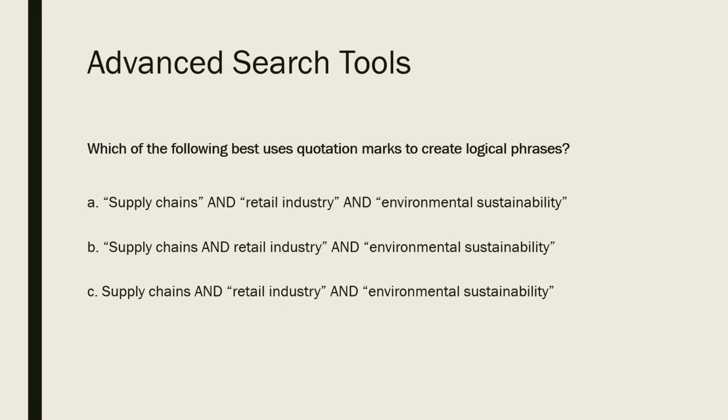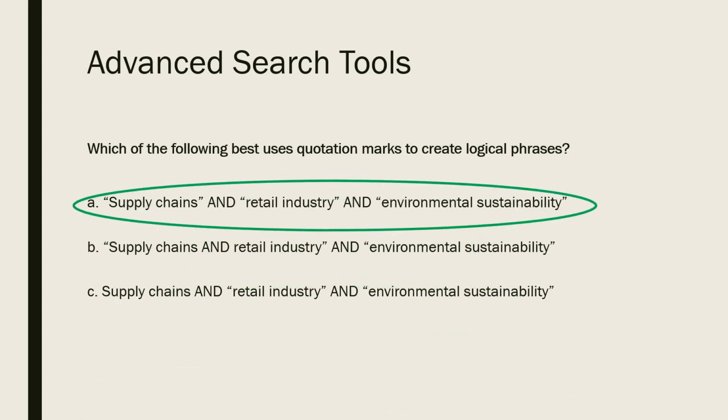Or B, would you do supply chains and retail industry in quotation marks, and then separately environmental sustainability in quotation marks? Or C, would you do supply chains with no quotation marks, and then retail industry with quotation marks, and then environmental sustainability with quotation marks? The best way to do it to get you the best results would be the first option.